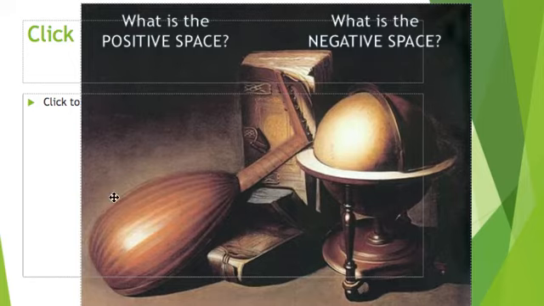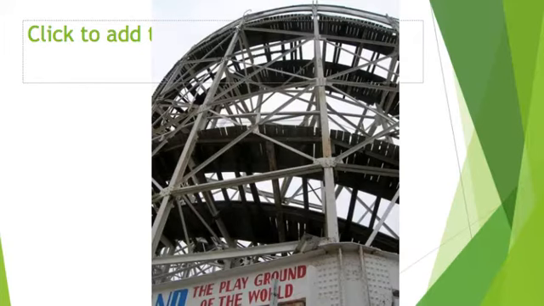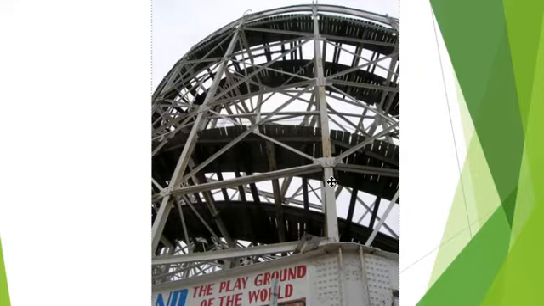So that you can see this a little bit easier, this image shows all of the detail taken out. So you can see that in this example, the positive space would be the white and the negative space would be the black. Here's another example. This is like a roller coaster kind of looking thing. And you can see that the positive space is going to be this roller coaster kind of object.